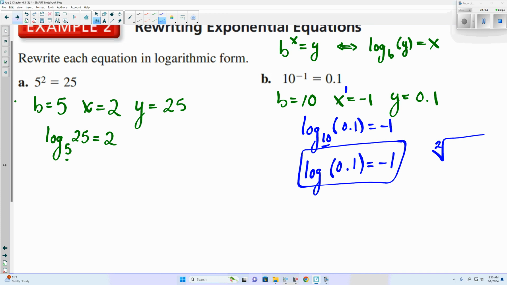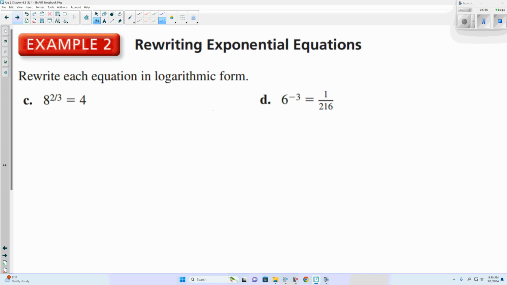Let's look at the next one. 8 to the 2/3 equals 4. Log base 8 of 4 equals 2/3. When we write the 8 for our base, make sure it is down lower than the log so it's not level with it, so we understand that it is the base.